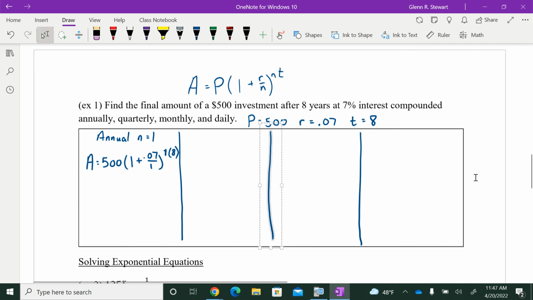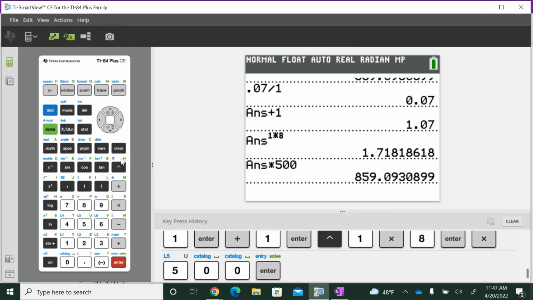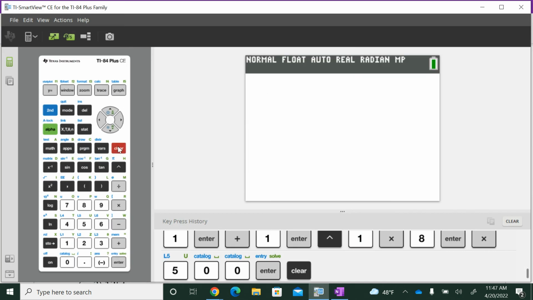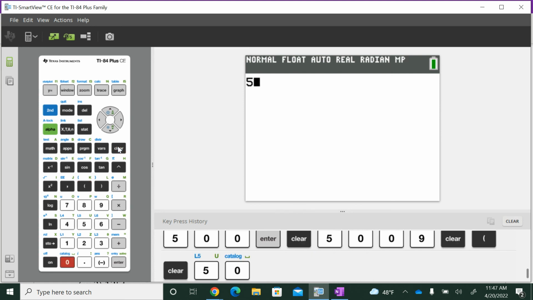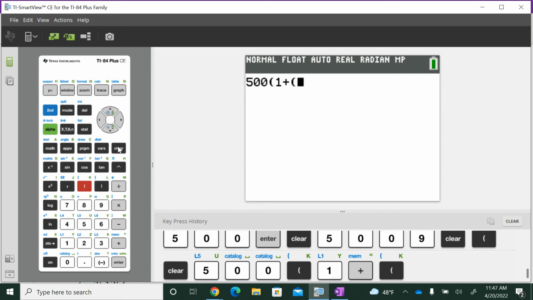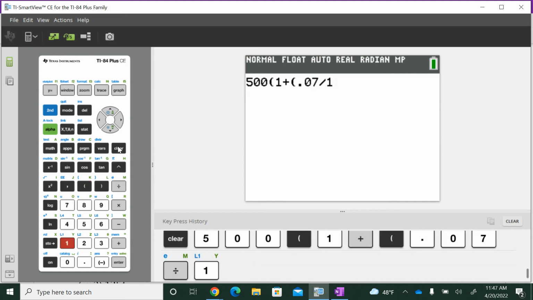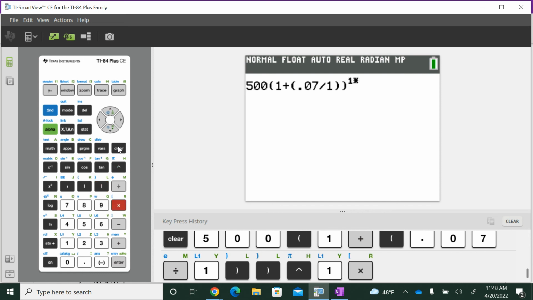So plug that into your calculator. Just show you here. I like to make sure that I have my fraction in parentheses. So I'm going to put in 500, parenthesis, 1 plus, parenthesis, 0.07 divided by 1, parenthesis, parenthesis, and then my exponent, which in this case is 1 times 8.